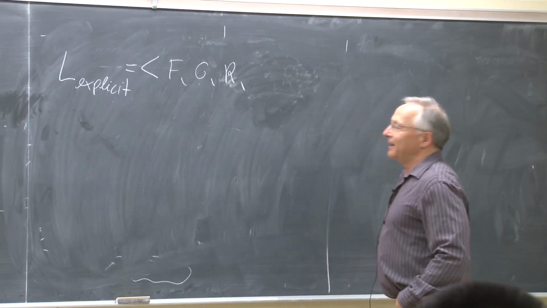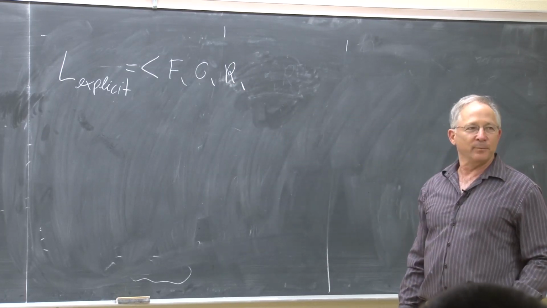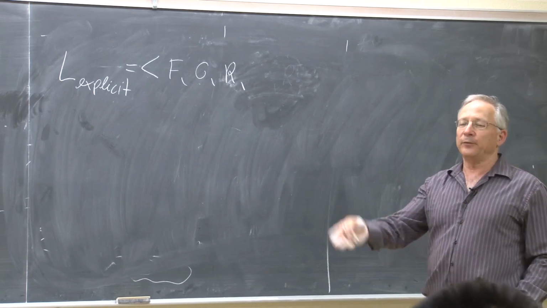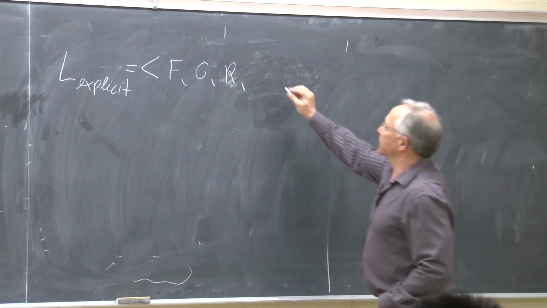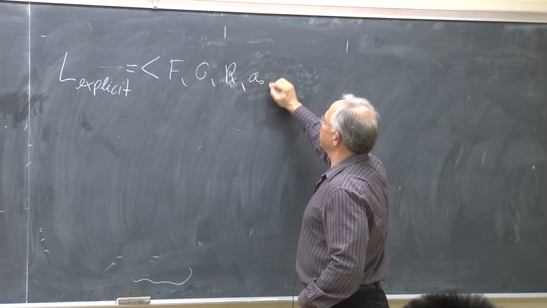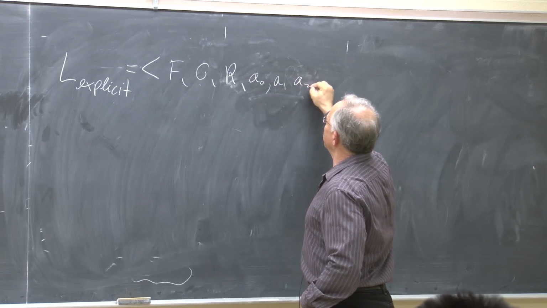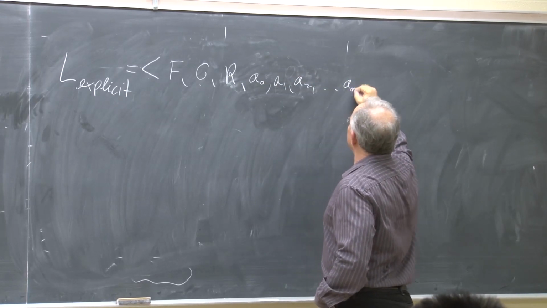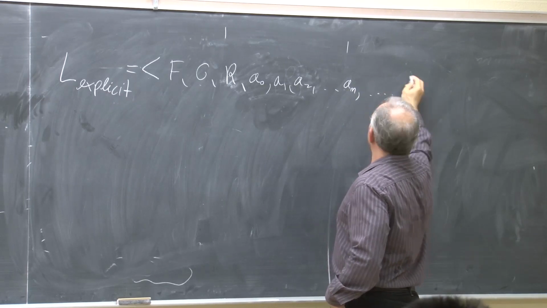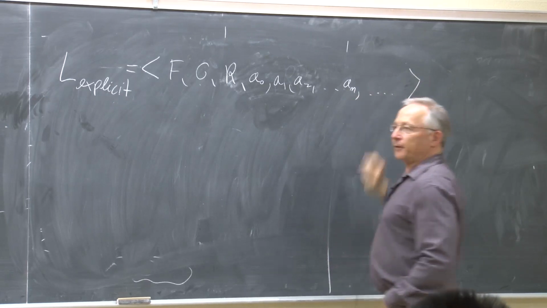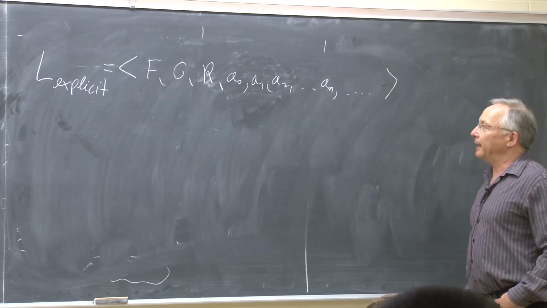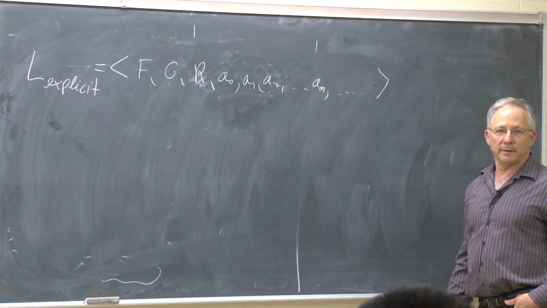I will have R, but instead of just having A and B, I will have infinitely many constants. I will have constants A0 for 0, A1 for 1, A2 for 2, An for n, and Ai for every i. And that will be my language for the natural numbers.